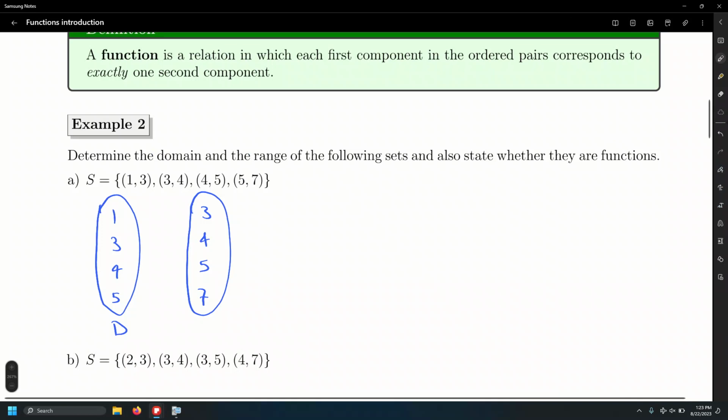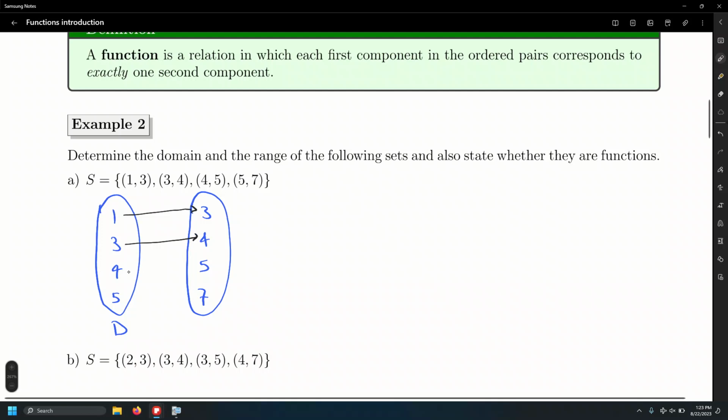For example, the first ordered pair is showing us a correspondence between x equals 1 and y equals 3. That is the element 1 that lies in the domain, and 3, the one that lies in the range. The second ordered pair explicitly tells us that 3 gets paired with the number 4.